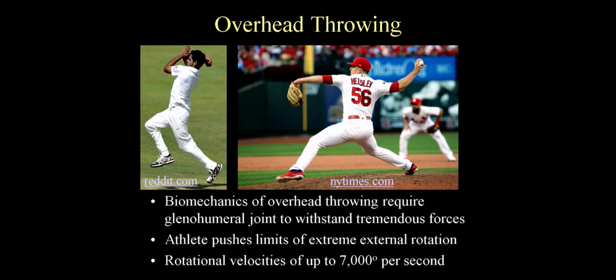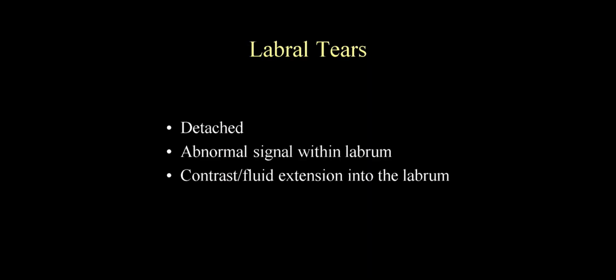Any of these sports where there's an overhead throwing mechanism is going to cause the same damage to the shoulder, specifically the labrum. When people are throwing overhead, a tremendous amount of force goes all the way to the point where there's an abrupt stop of that throwing motion. Because of that, there are velocities up to 7,000 degrees per second, and when this stops, there are a lot of pulling forces on the labrum and the ligamentous structures.